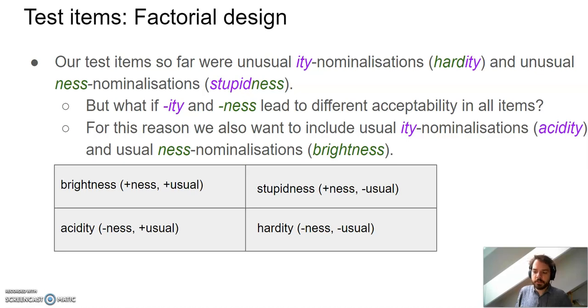We would just never find that out. So this is why you always want to include also just normal words with ity and ness in this case. If there is usualness at stake, you really want to have items that are plus usual and minus usual of both ness and ity kinds, just to make sure that you're controlling also for the suffix as well.